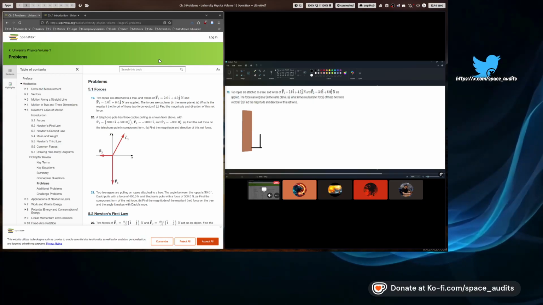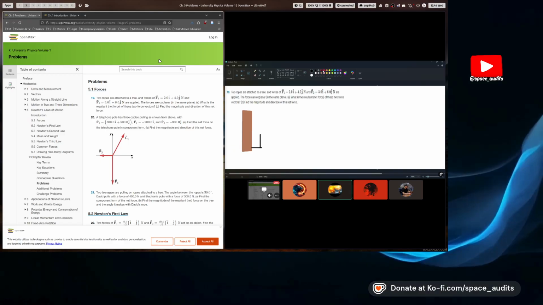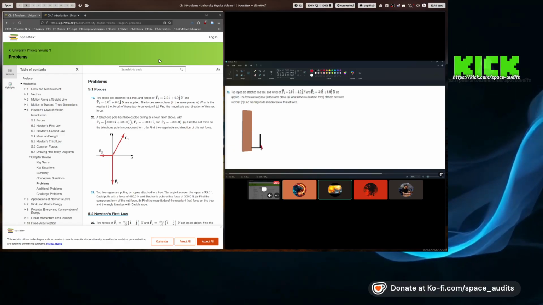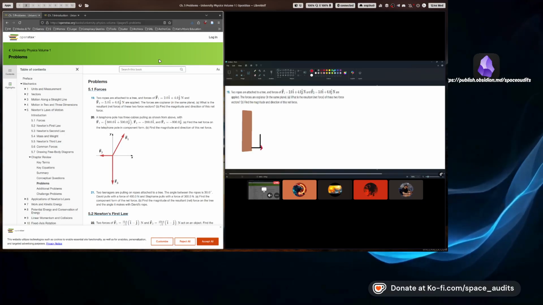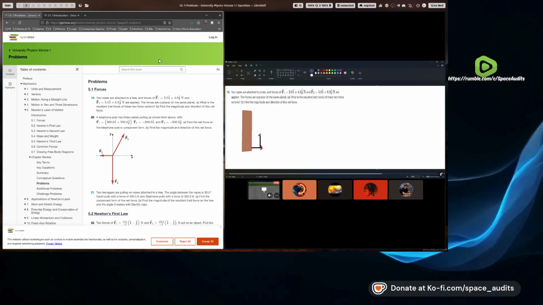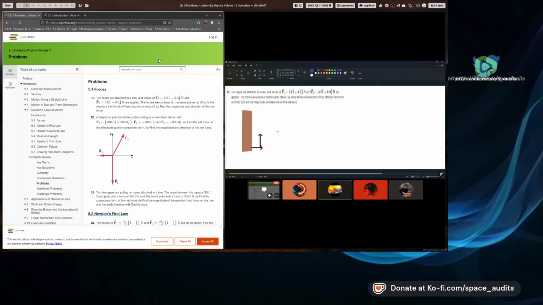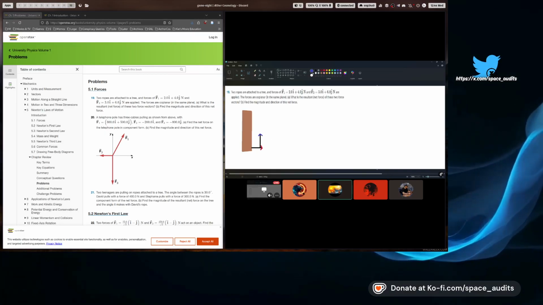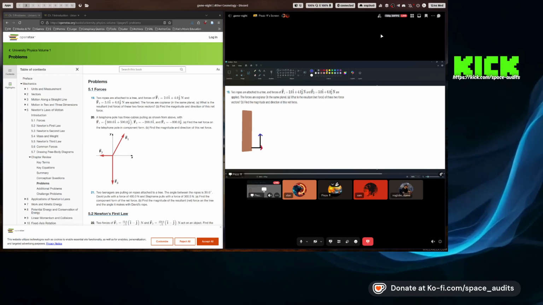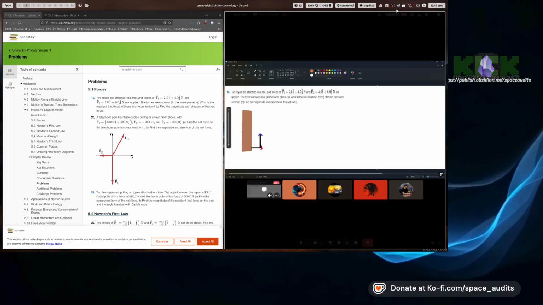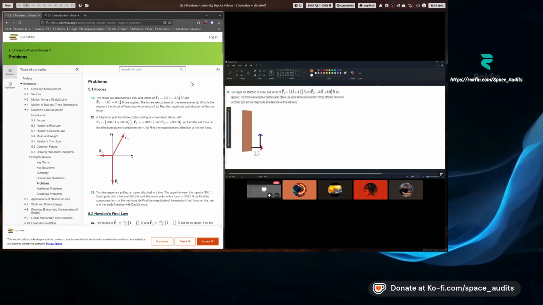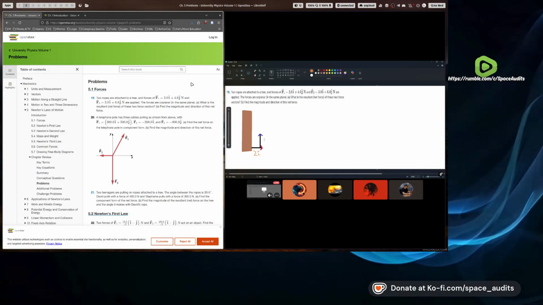So I've got my X component and I've got my Y component. Now, we're told that we've got 2I and we've got 4J.